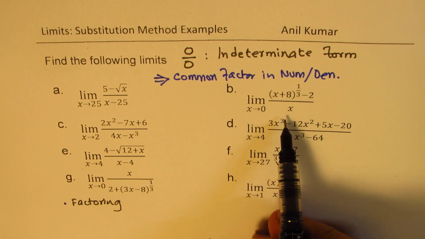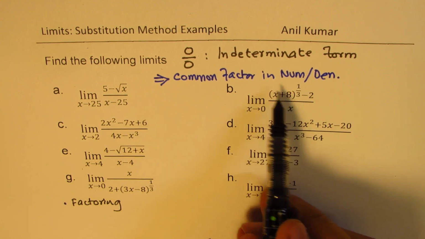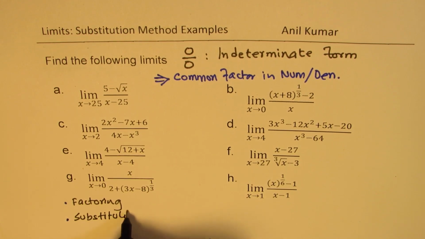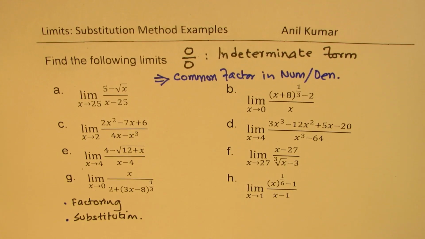If you cancel out the common factor, then by substitution, we get our answer. Factoring could be complicated at times, and in those cases, we prefer to use substitution. We could also use rationalization to find the limits.